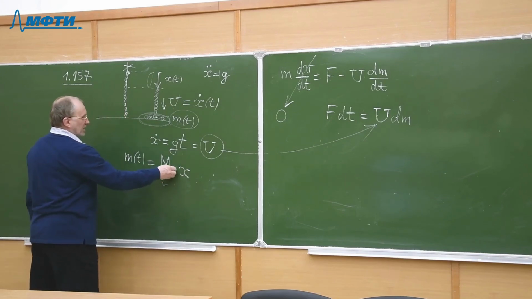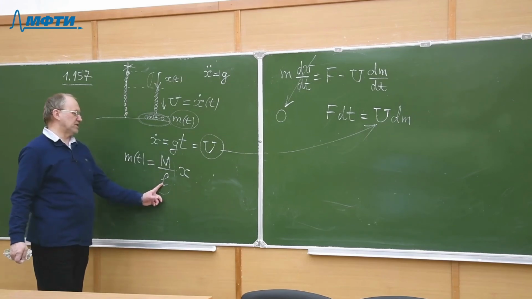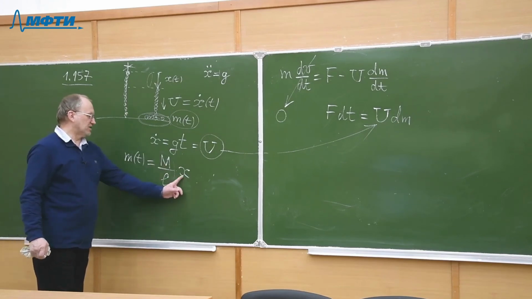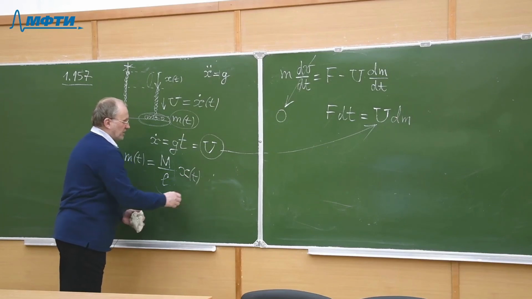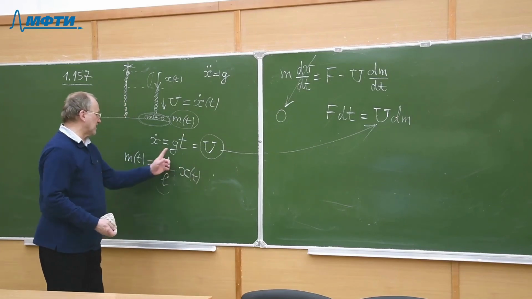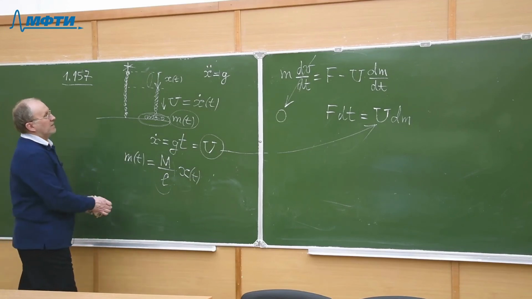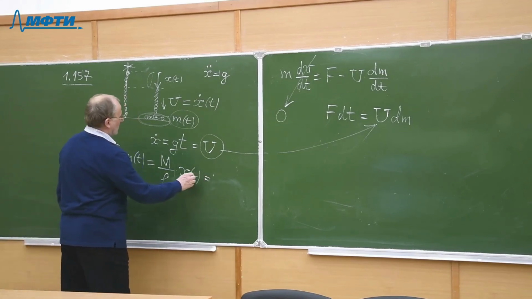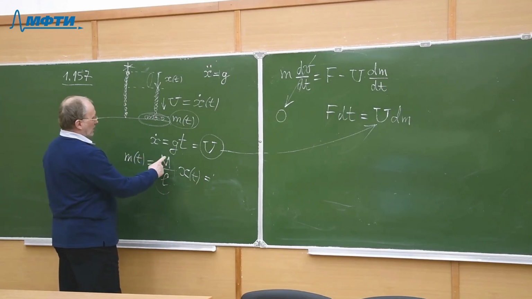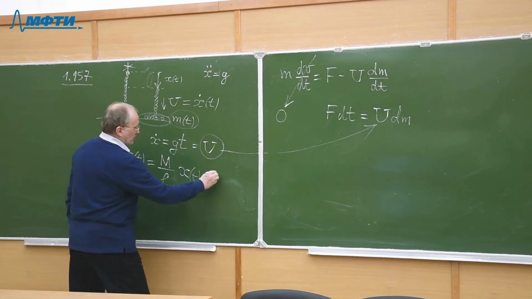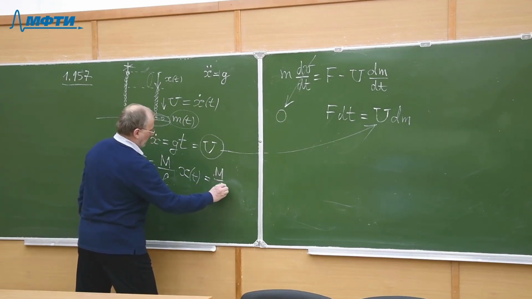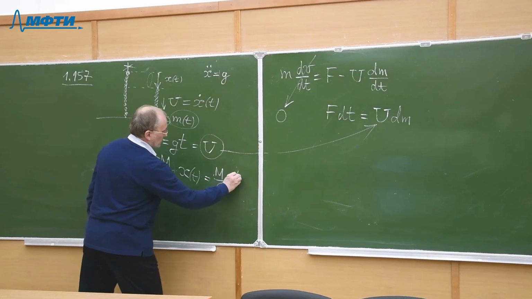That will be the mass of the unit length, for example, the mass of 1 centimeter of the chain, multiplied by the length of the chain, and that will give us the total mass of the chain, which is already on the table. And x as a function of time is simply, if we know the velocity x dot, then x as a function of time is known as gt squared over 2.